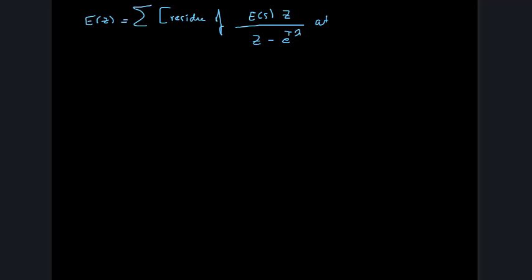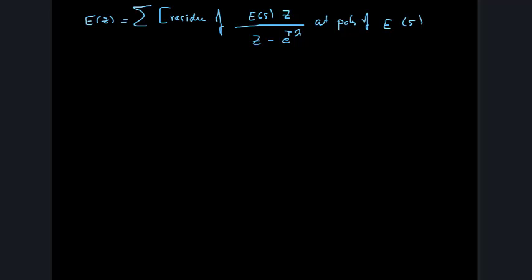So this means that now E of z will equal to the summation of the residue of E of s z over z minus exponential of t lambda at poles of E of s.